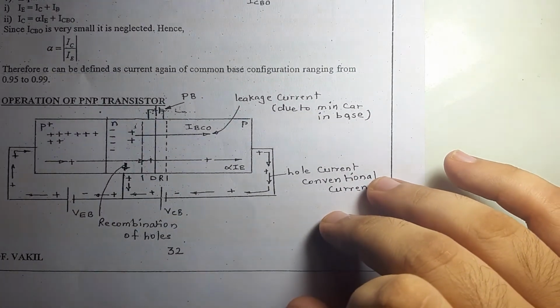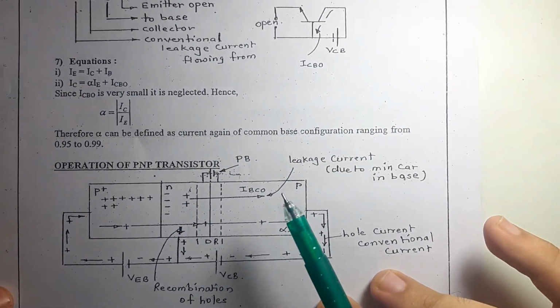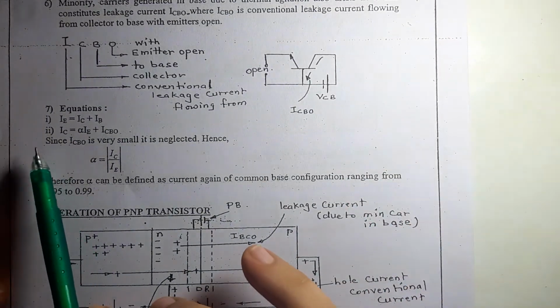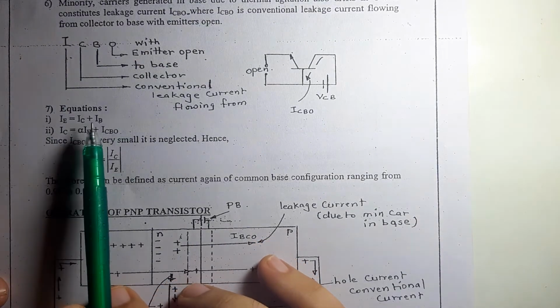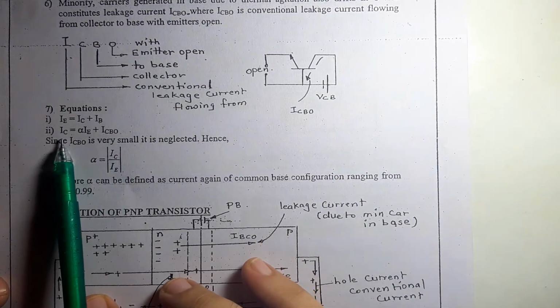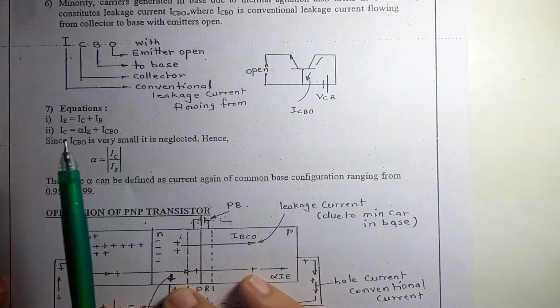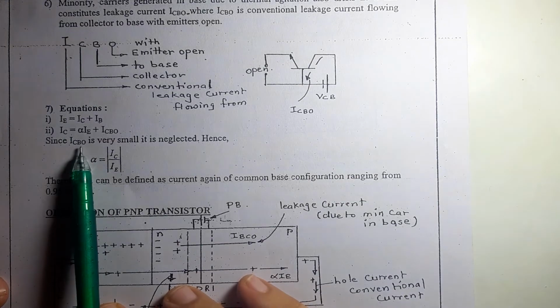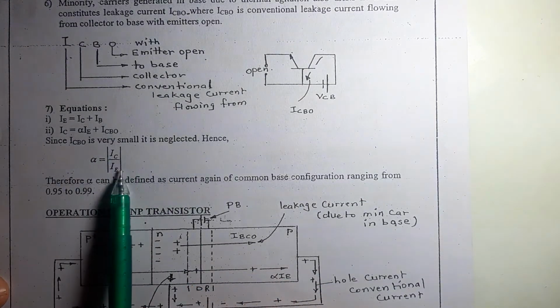Now I hope the diagram that I made was simple enough. First of all the equation was IE is equal to IC plus IB, and IC is equal to alpha times IE plus ICBO. Now since ICBO is very small, it is neglected. Hence alpha is equal to IC upon IE.